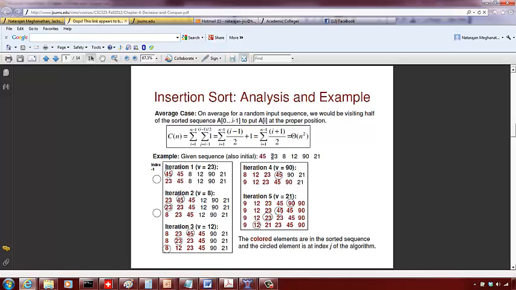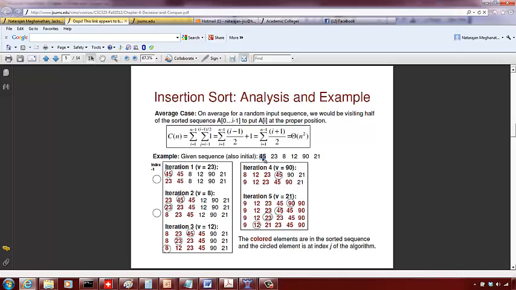What we're going to do is compare the element that we pick with every element in the sorted array. There's only one element to compare with now, so we compare 45 with 23, and since 45 is greater than 23, this is not the correct position for 45 in the final sorted array, because there's at least one element, which is 23, that is less than 45.